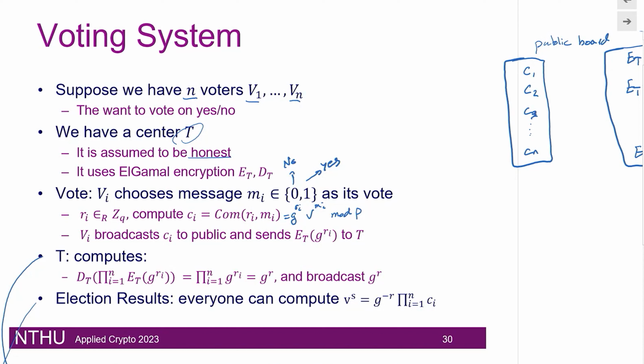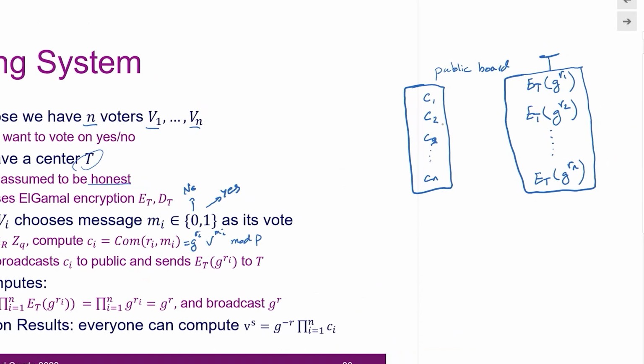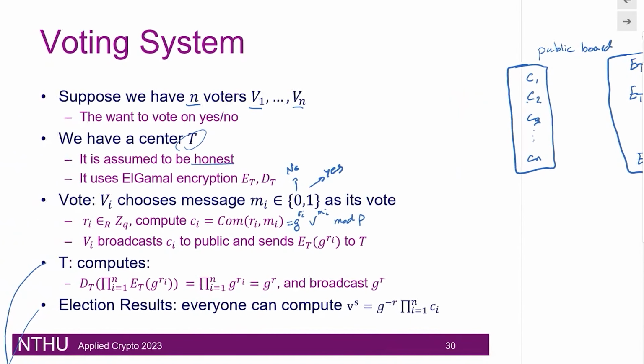Then we have a trusted sender who would set up the system, this public board for people to cast their votes, and we assume this guy to be honest.